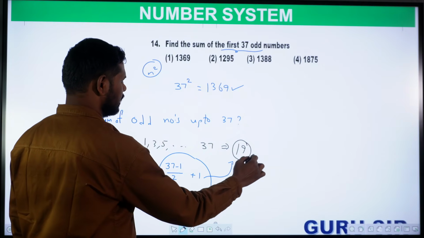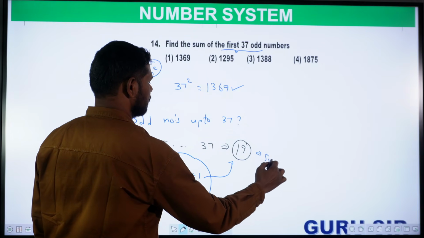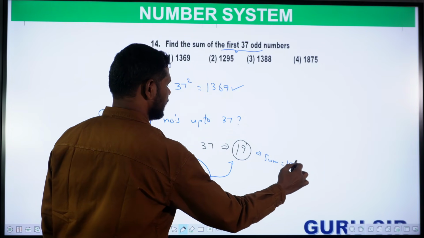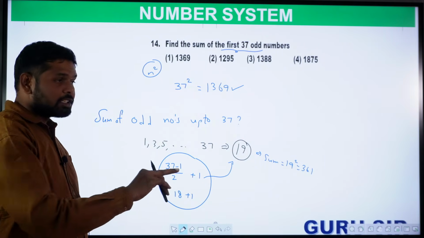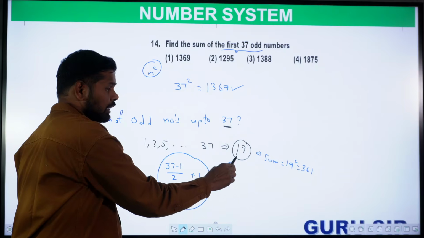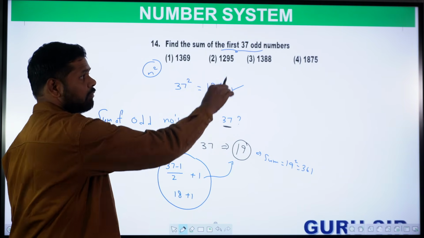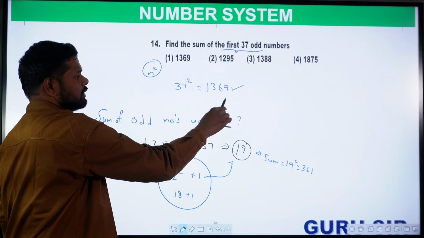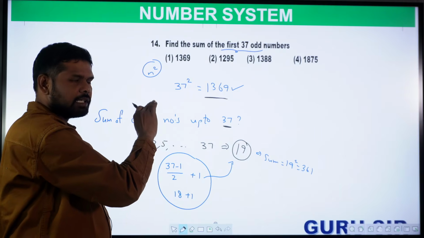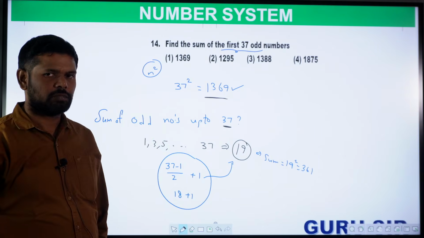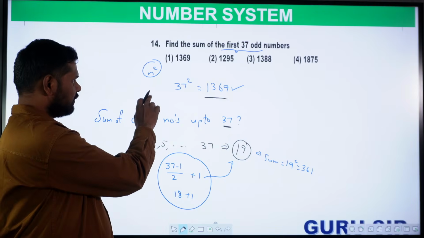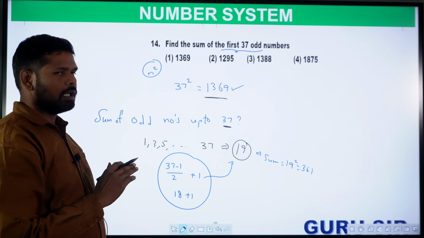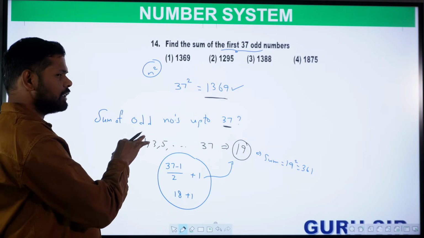Here the sum is 19 square, 361. Sum of odd numbers up to 37 means only 19 odd numbers are there, but sum of first 37 odd numbers means 37 odd numbers are there. That's why 37 square. That is important, right? So these are two different cases, very important, and sometimes many students are confused in these parts.